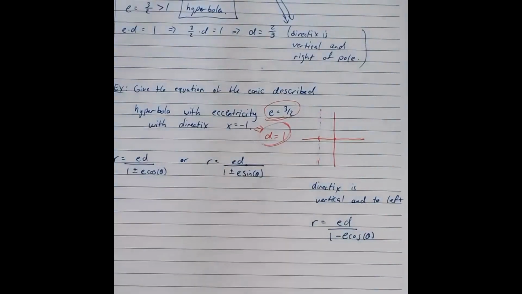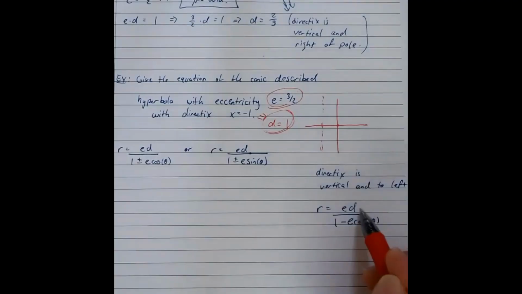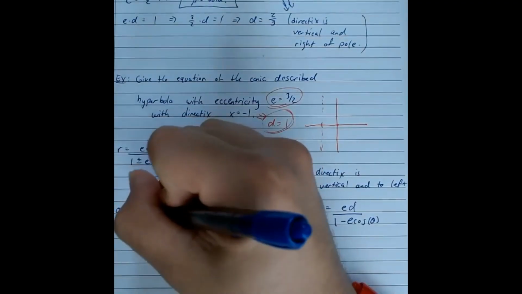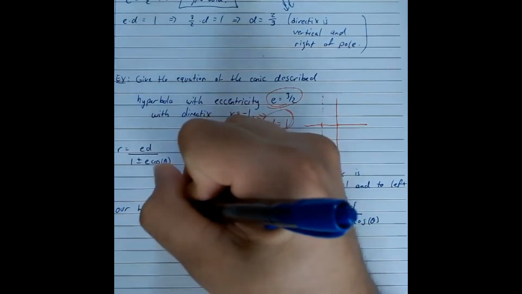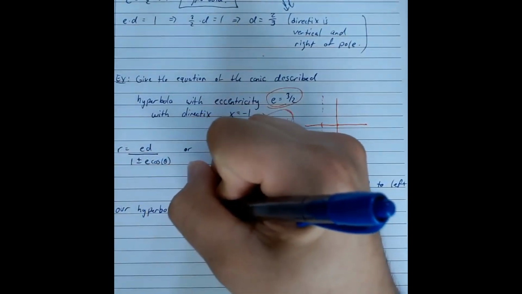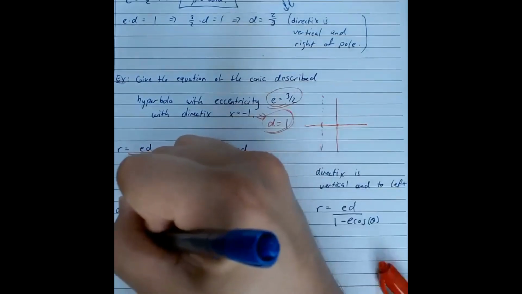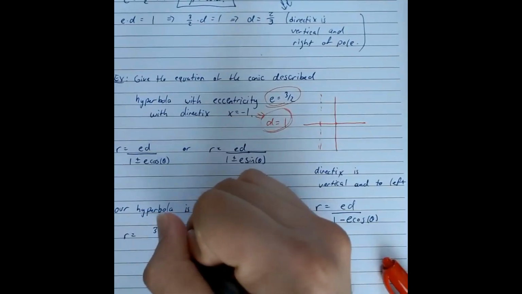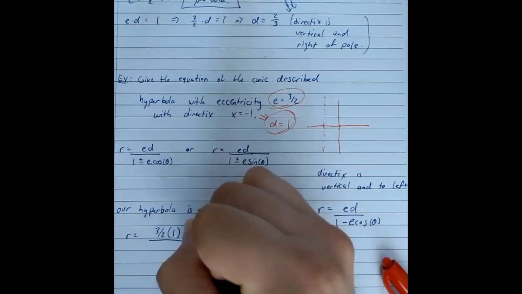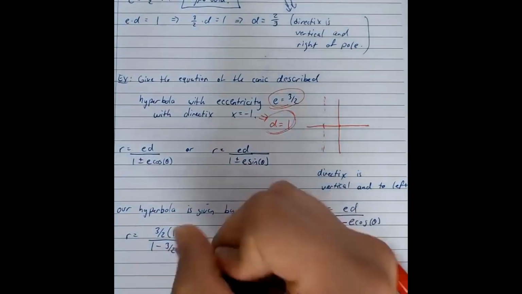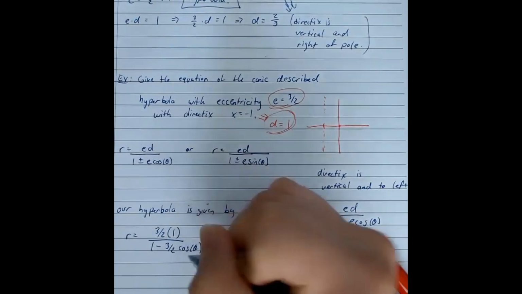And so we end up with d equal to 1, E equal to 3/2, and so our equation, our hyperbola, is given by r equals 3/2 times 1 over 1 minus 3/2 cosine of the angle theta.